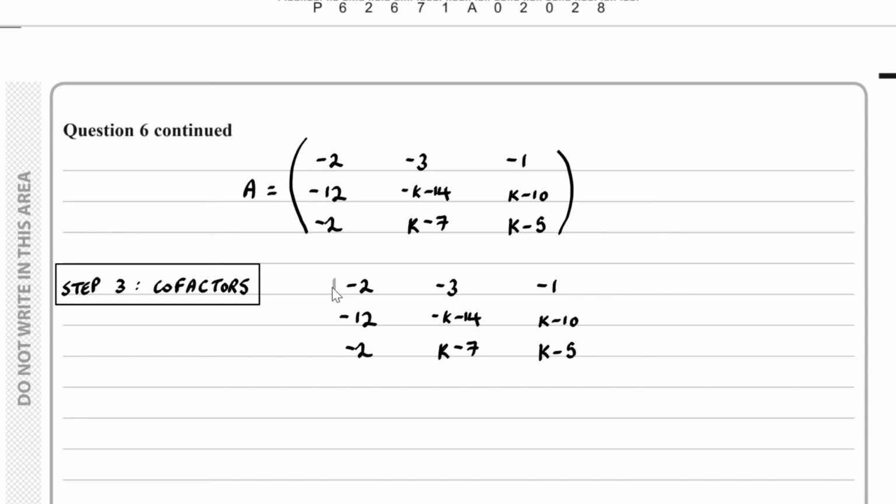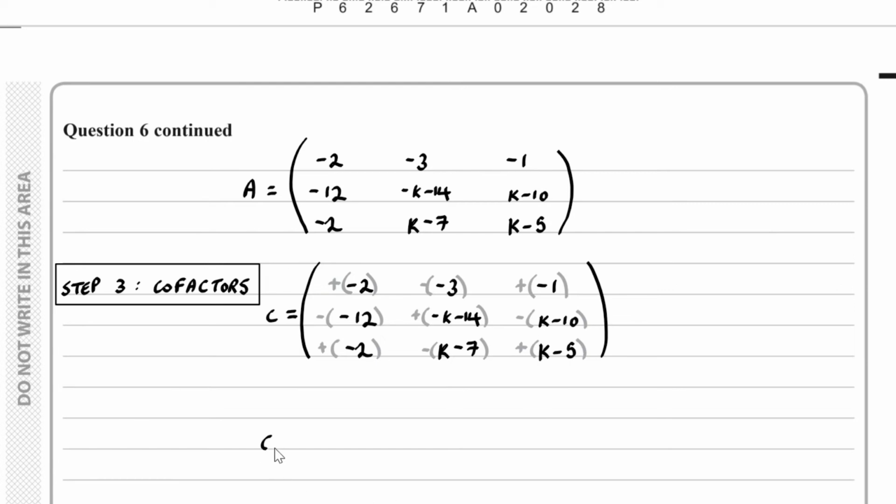So here we've got a plus, here we've got a minus, here we've got a plus, here we've got a minus, here we've got a plus, here we've got a minus, here we've got a plus, here we've got a minus, and here we've got a plus. So this matrix, we'll call it C, is the matrix of the cofactors.